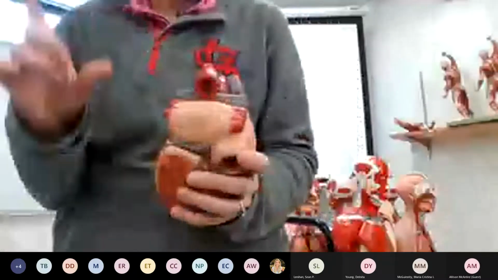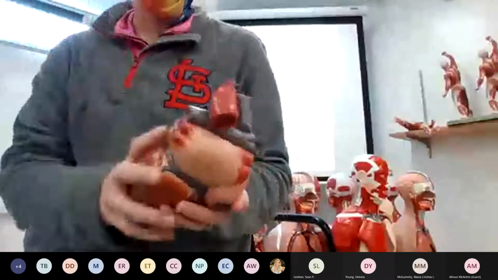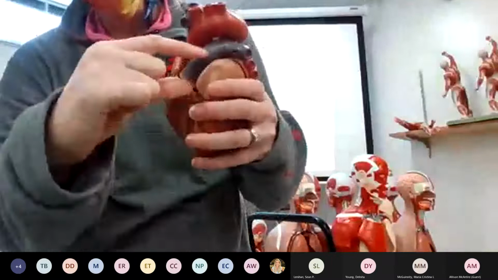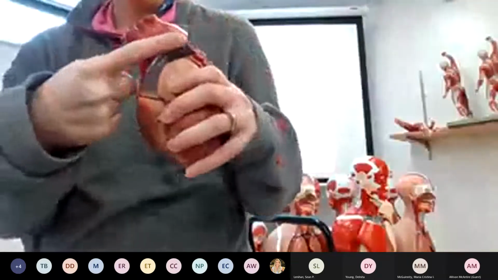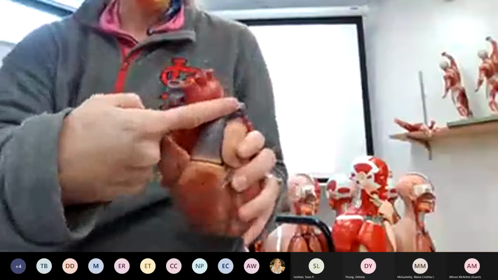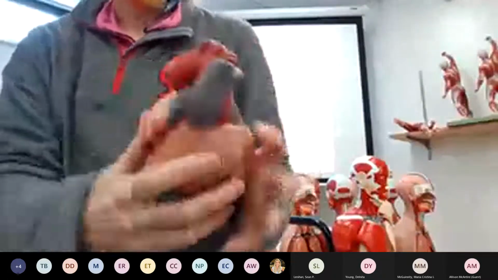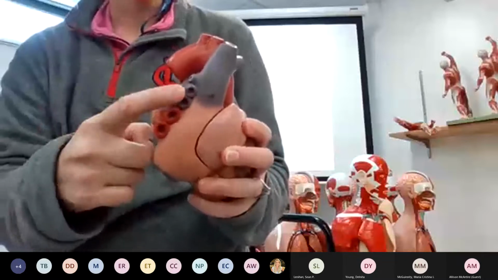Okay? For the pulmonary, and anytime we talk about pulmonary, you have to specifically say pulmonary, the big vessel coming off the right ventricle is the trunk because it's one vessel. Then the minute it splits, these are going to go to the left lung, so these are the left pulmonary arteries. And then the ones back here going to the right lung are the right pulmonary arteries.